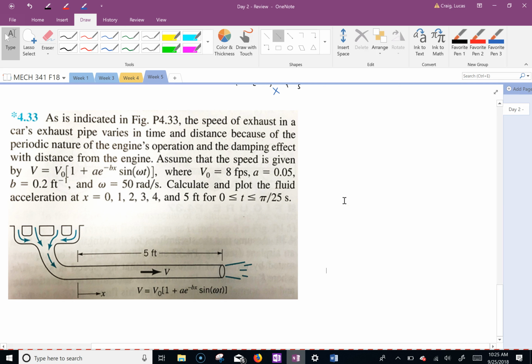All right. So here, they actually gave you the speed from this starting location to the right in an exhaust pipe. Okay, so it's governed by this equation here. And I'm going to write it like this.